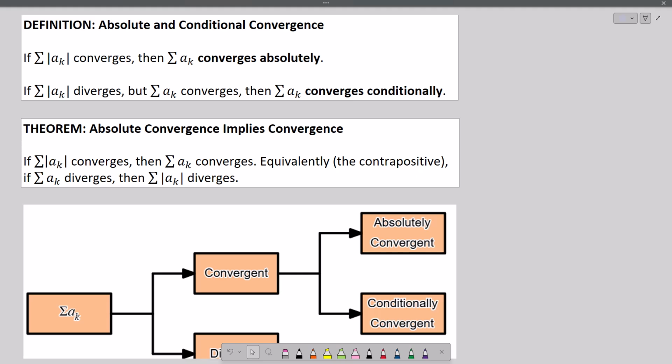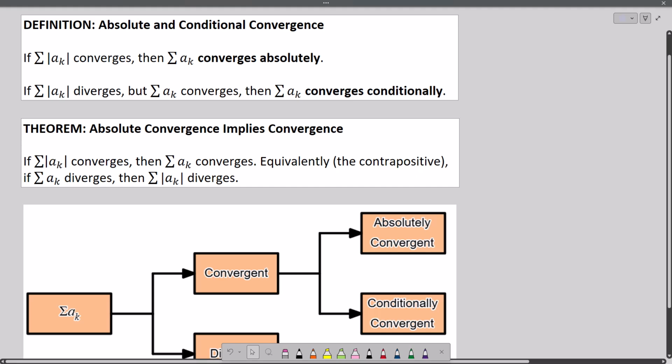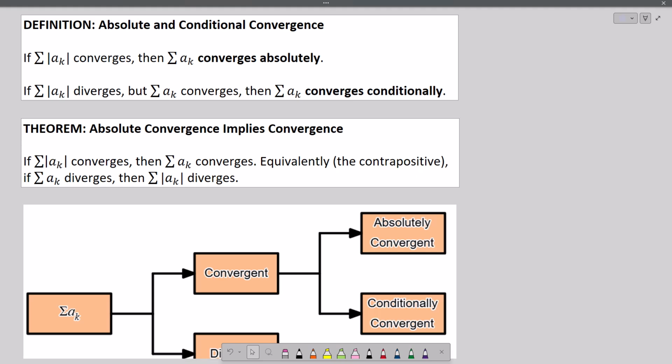If you force all the terms to be positive and you add it up and you get convergence, well, if you sprinkle some minuses in, that's only going to make it sort of converge to a smaller number. But it's still going to converge. Right? The worst case scenario is if everything's positive, and if everything is positive and it converges, if you sprinkle in some minuses, it's got to still converge. All right? So that's what this says.